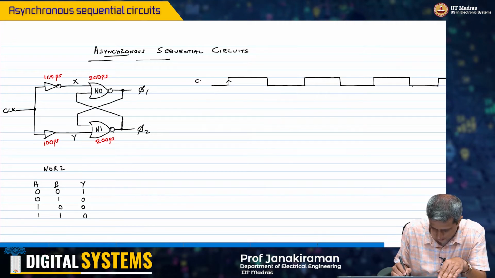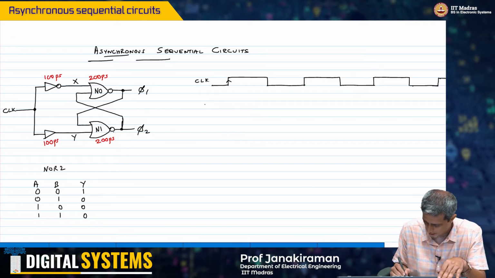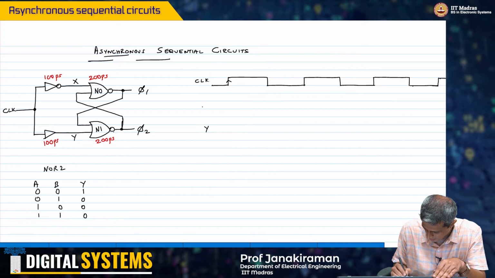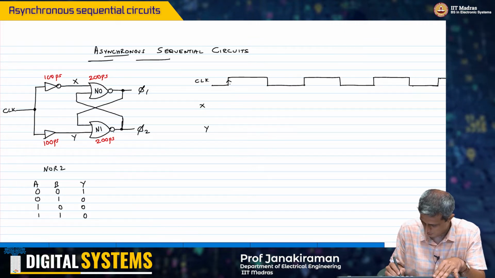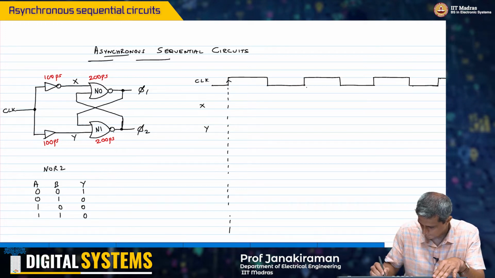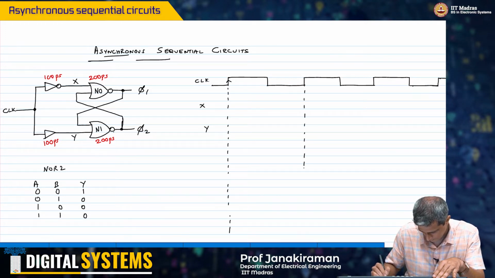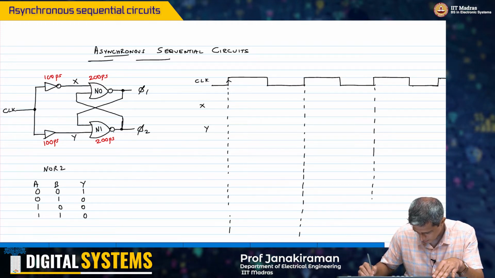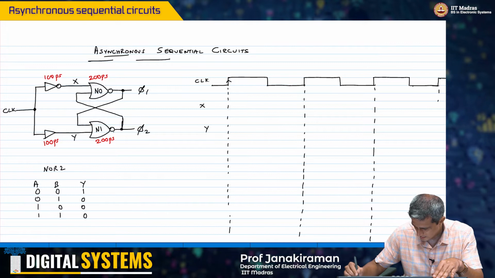Okay, this is my clock and this is my x and this is my y. I'll keep x and y here. So this is my 0. I'm going to keep this as it is.